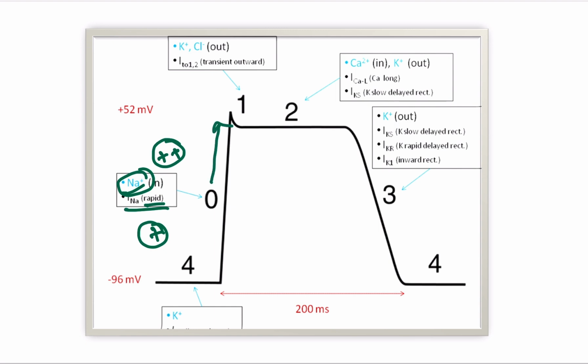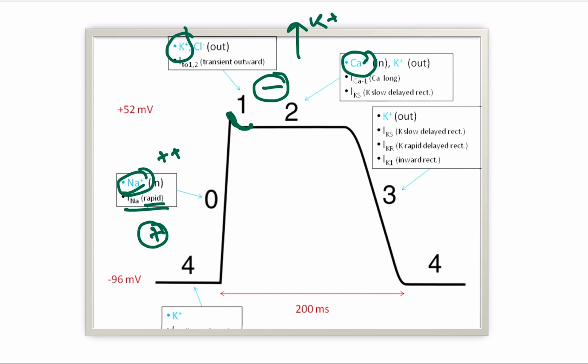But at the peak, the potassium channel opens, and potassium goes out of the cell. When the potassium ion goes out of the cell, within the cell there is a negative condition, and this curve goes slowly down. But after some time, calcium, another ion, enters the cell.